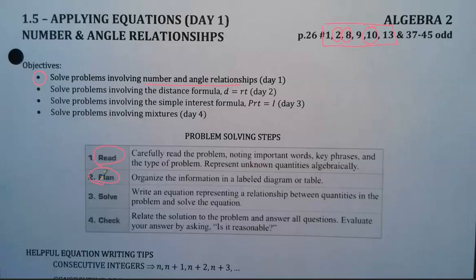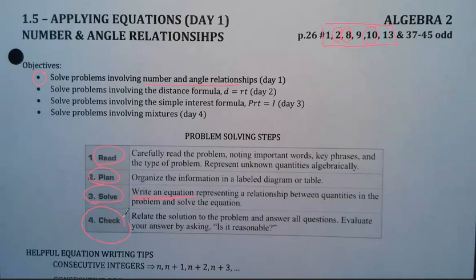I do a lot of that, and I try to model that for you as well, and how I walk myself through that. Step 3 is solve. You have to write an equation representing the relationship. That's a big one, writing an equation or equations, plural. Sometimes there's more than one. And check is to relate the solution to the problem.